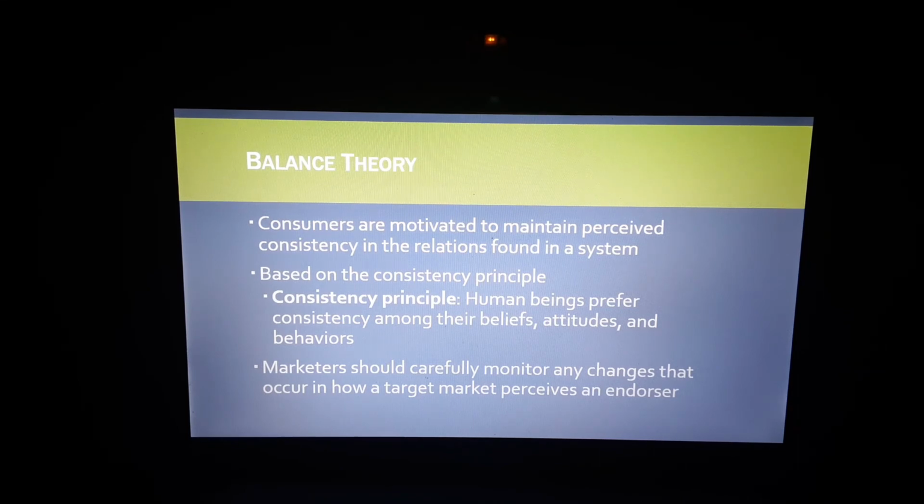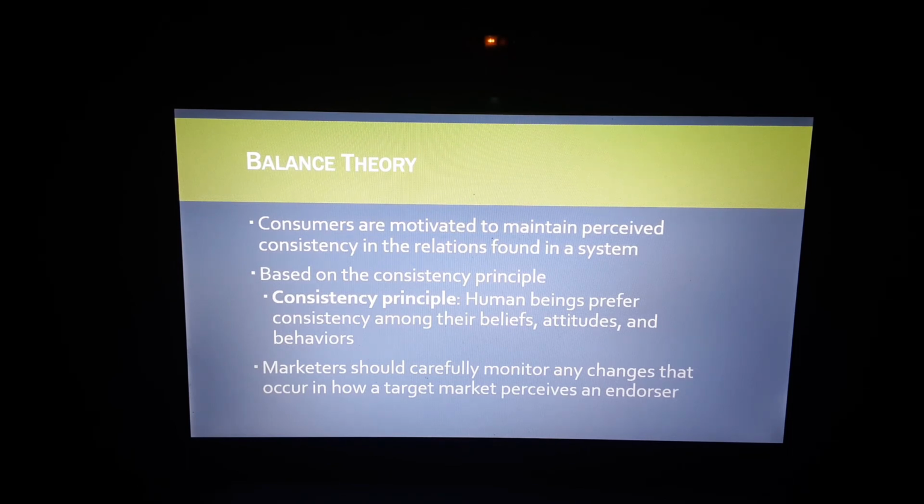So then there's also this whole idea of balance theory, that people want to maintain some level of equilibrium, and generally speaking, people prefer some level of consistency among their beliefs, attitudes, and behaviors. Again, this whole idea of homeostasis, keeping things status quo or even.